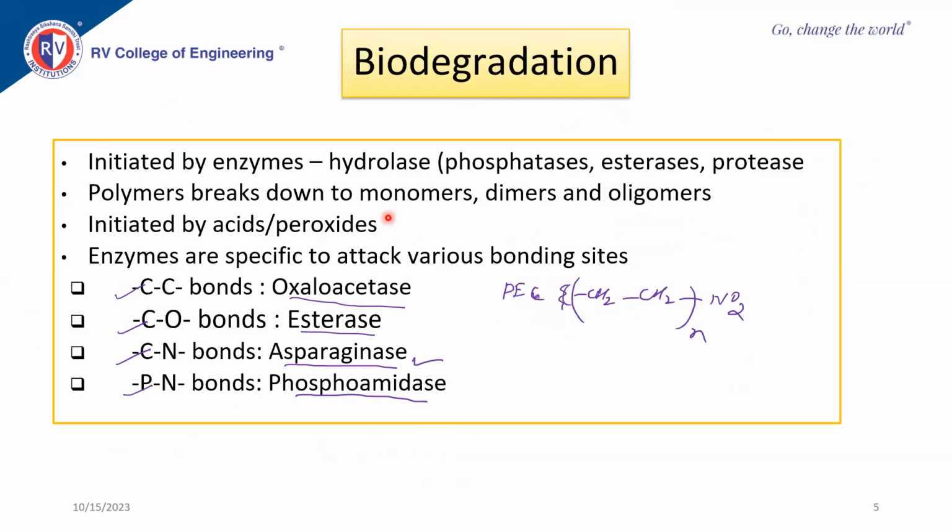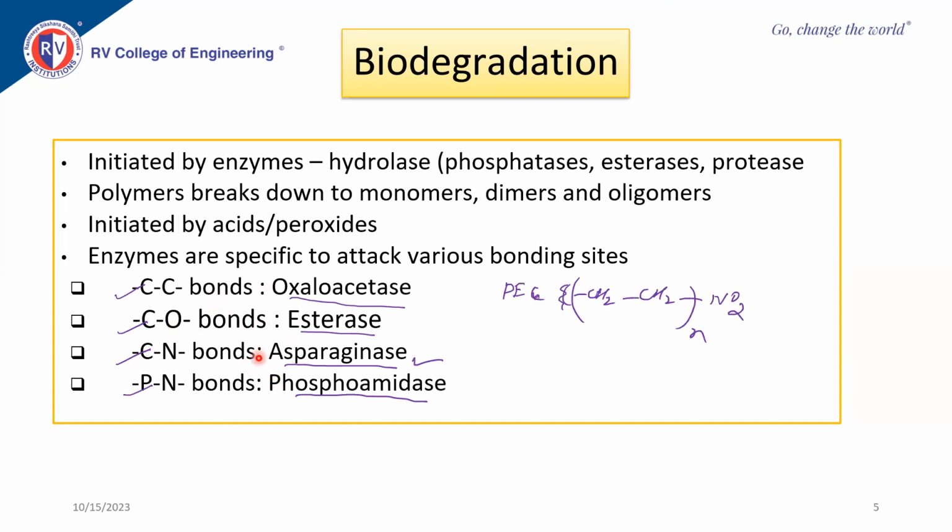Just like in chemical reactions, you have site-specific attack, likewise in biodegradation, a few enzymes only attack particular bonds. Oxaloacetate if you have carbon-carbon bonds, esterase for carbon-oxygen, and likewise.